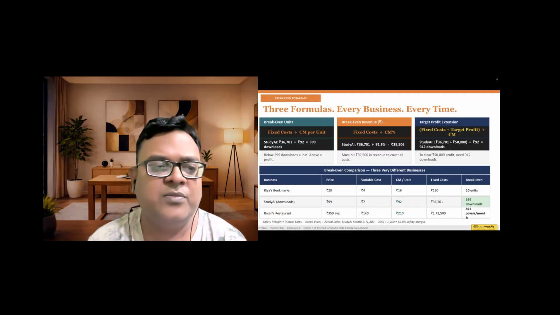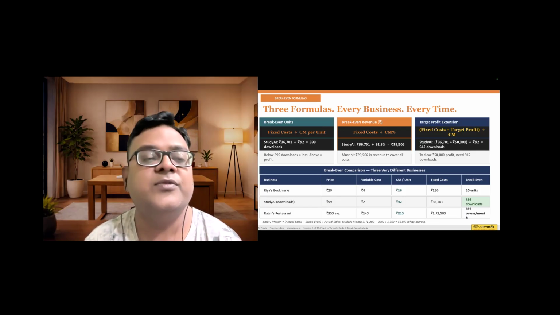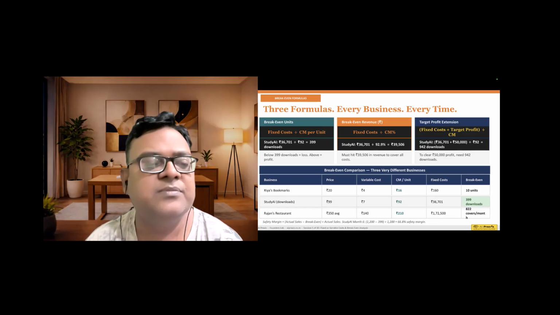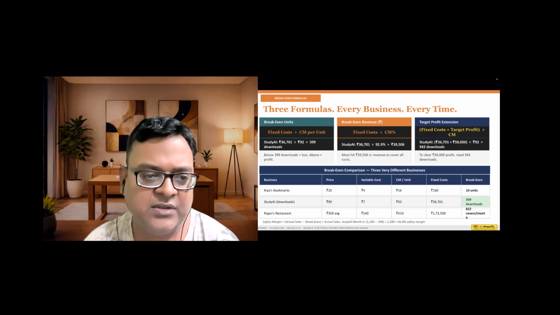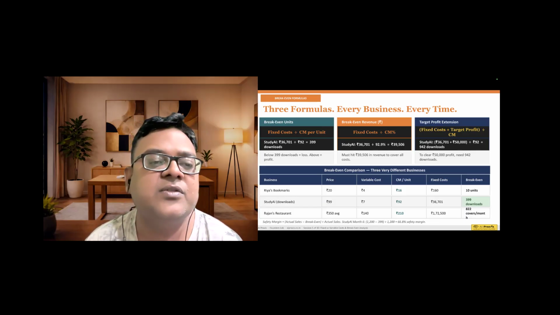There are 3 formulas here. Break even, if you have to calculate in terms of units, is simple. Take the fixed cost divided by contribution margin per unit. The fixed cost for Study AI was 36,701.